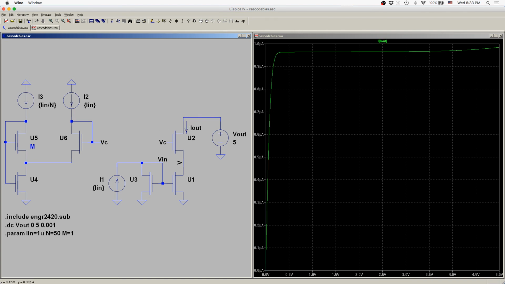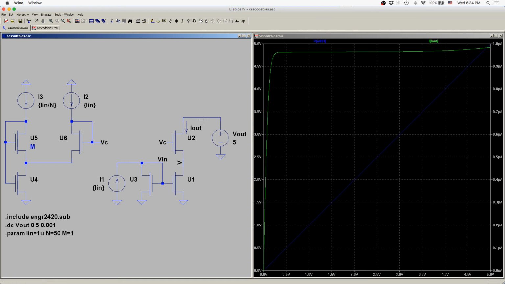Awesome. So you can see here this drain characteristic of the cascode is quite flat. It's not maybe quite as flat as the cascode where we're biasing U1 further into saturation, but it's pretty darn flat, especially compared to the transistor's normal drain characteristic by itself. We can also look at the output voltage and the intermediate node voltage here.